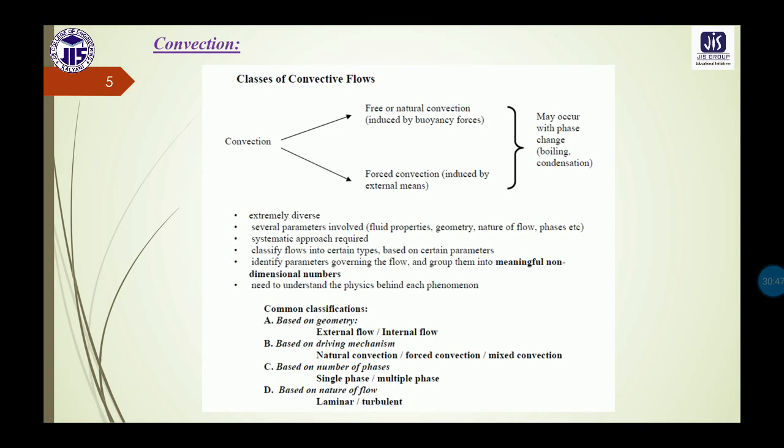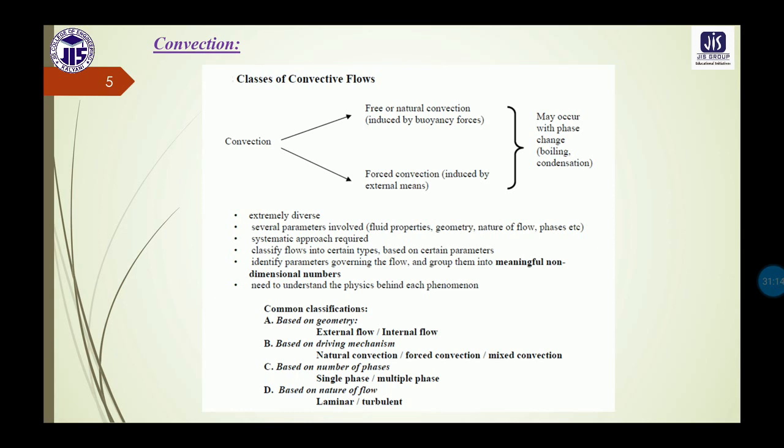There are common classifications in convective heat transfer. Number A is based on geometry: external flow or internal flow. Number B is based on driving mechanism: natural convection, forced convection, or mixed convection.